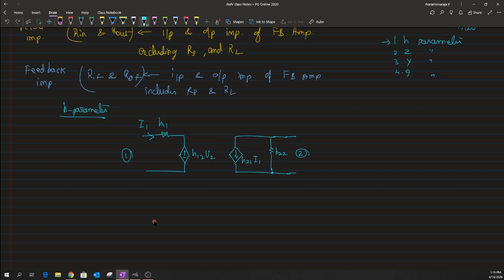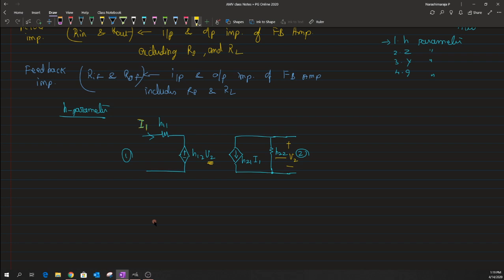Okay, and the voltage drop across this resistance path of H22 will give us this V2, and the current is modeled as I1 in this case. Okay, so this V2 is nothing but the drop across this H22 parameter. Now we will use this in terms of the feedback network.